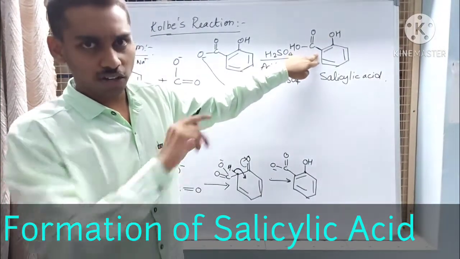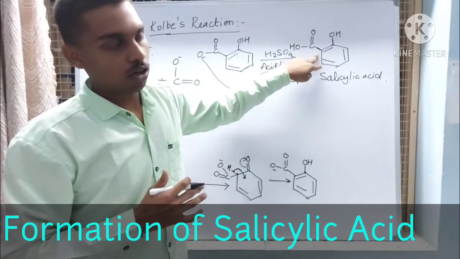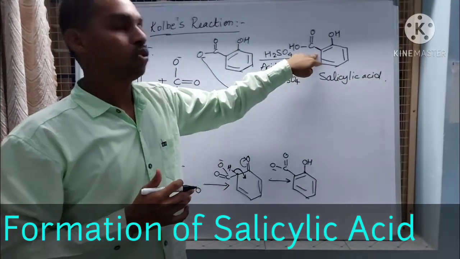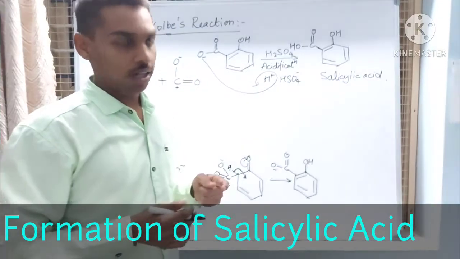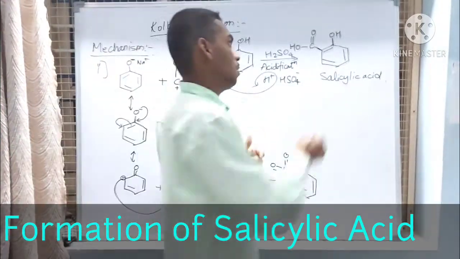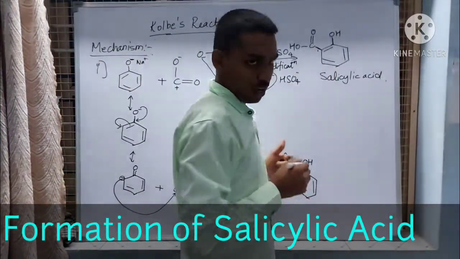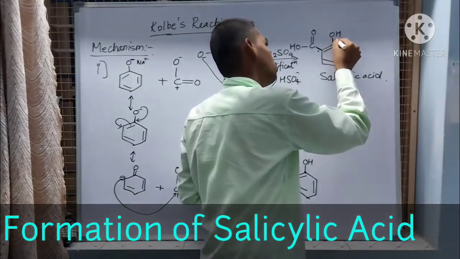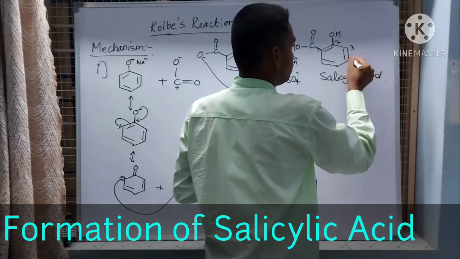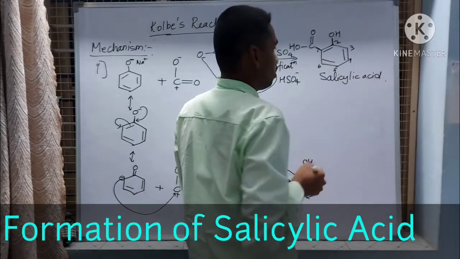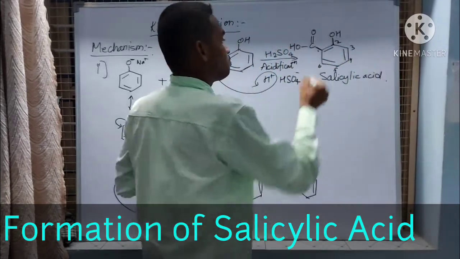When we look at the priority of functional groups in IUPAC nomenclature, we observe that the carboxylic acid group has more priority than alcohol. Thus, I'm going to give numbering as 1 for carboxylic acid and 2 for this particular OH group, and 3, 4, 5, 6. Not necessary, but I'm giving it here.